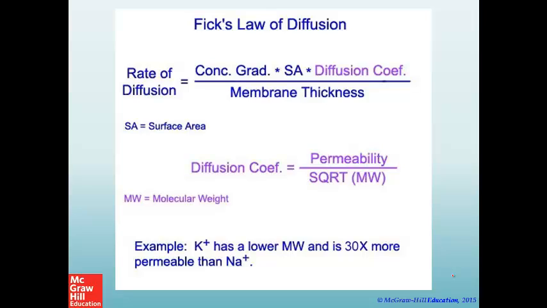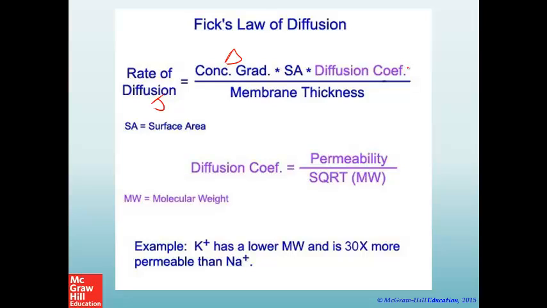We're dealing with a respiratory membrane, so we have to deal with Fick's law of diffusion, which basically says that the rate of diffusion, which is called J, is equivalent to the concentration gradient, right? The surface area, right? More surface area means a faster rate of diffusion.